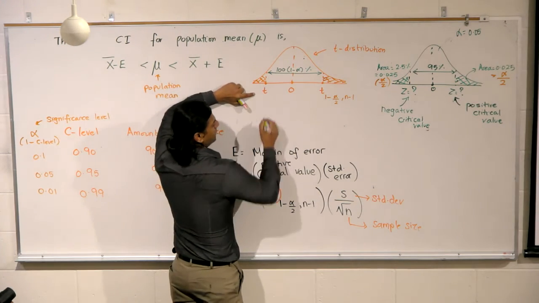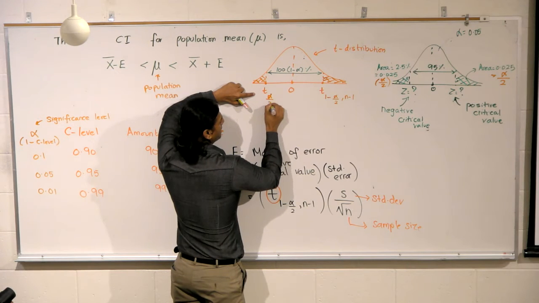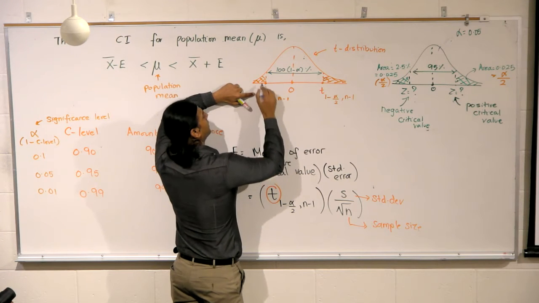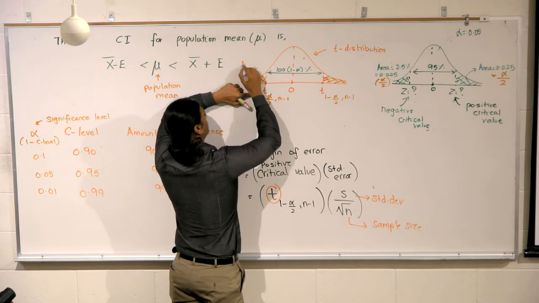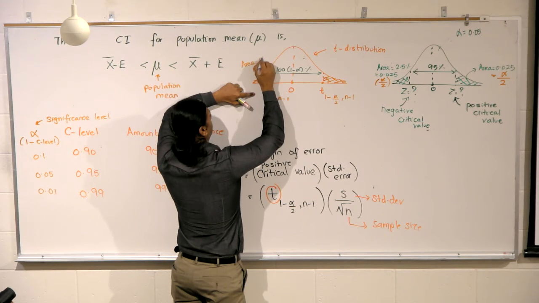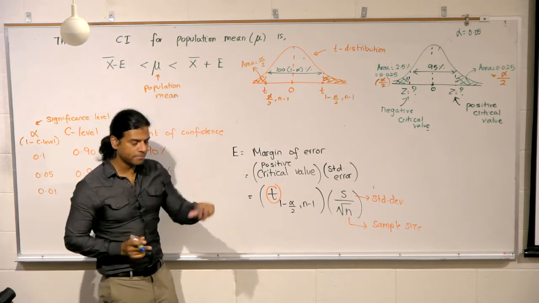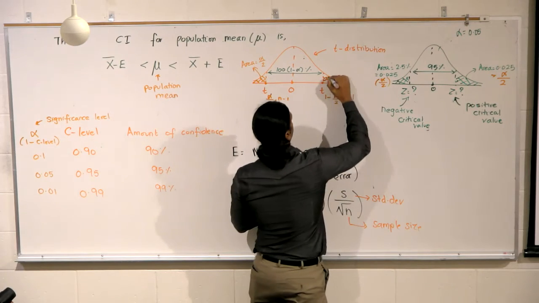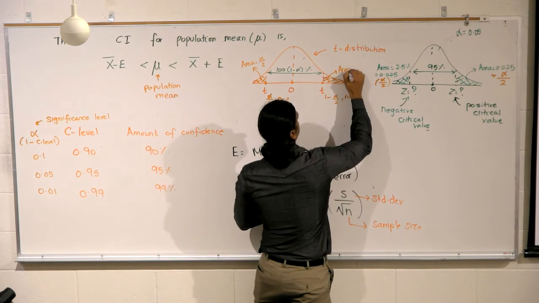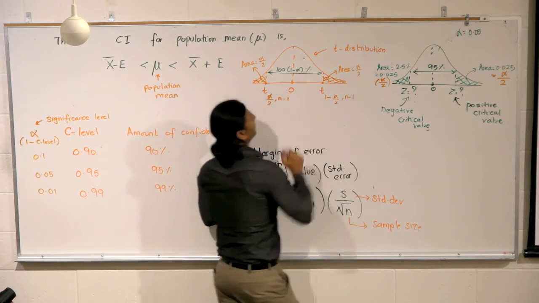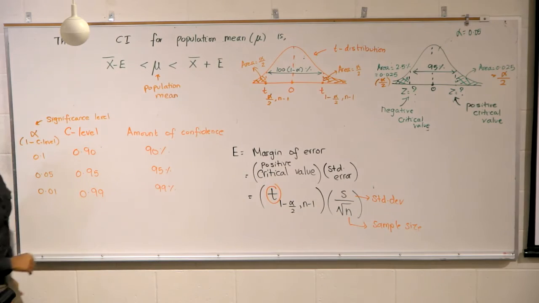The notation over here is alpha over 2, comma, n minus 1. Over there is 1 minus alpha over 2. Because the area on that tail is alpha over 2.